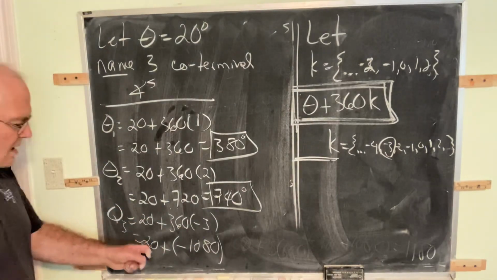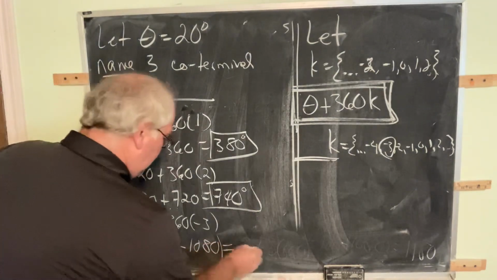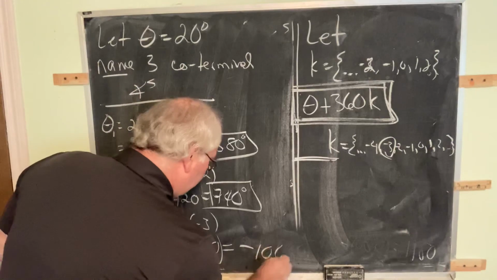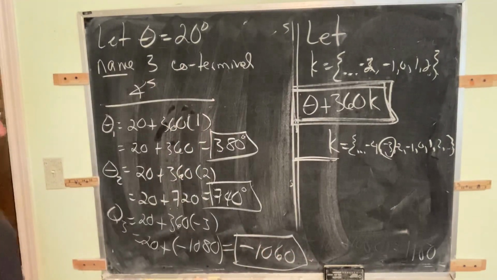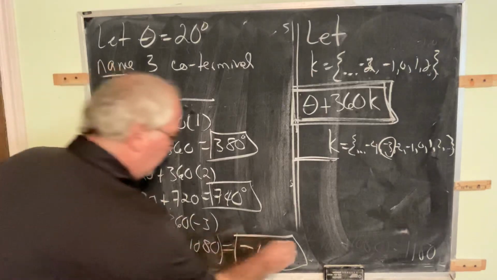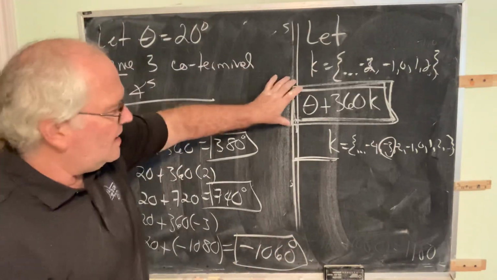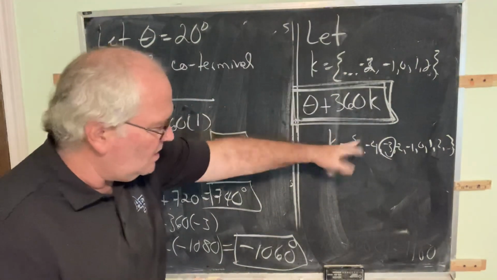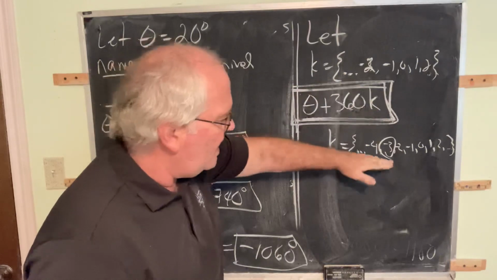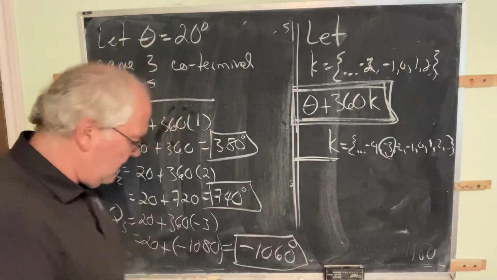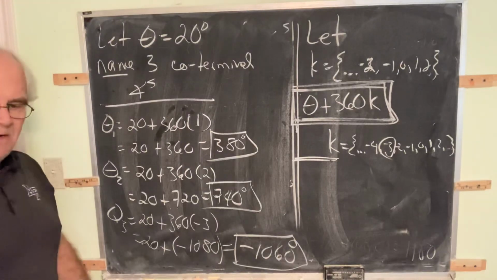So it's 20 plus negative that. Looks like that totals up to negative 1060. Check my arithmetic, but I believe that would be coterminal with the other angles. This is in degrees. So, given any angle theta, theta plus 360 times k, and you're free to choose k to be any of these integer numbers. And you can find as many coterminal angles as you would like.